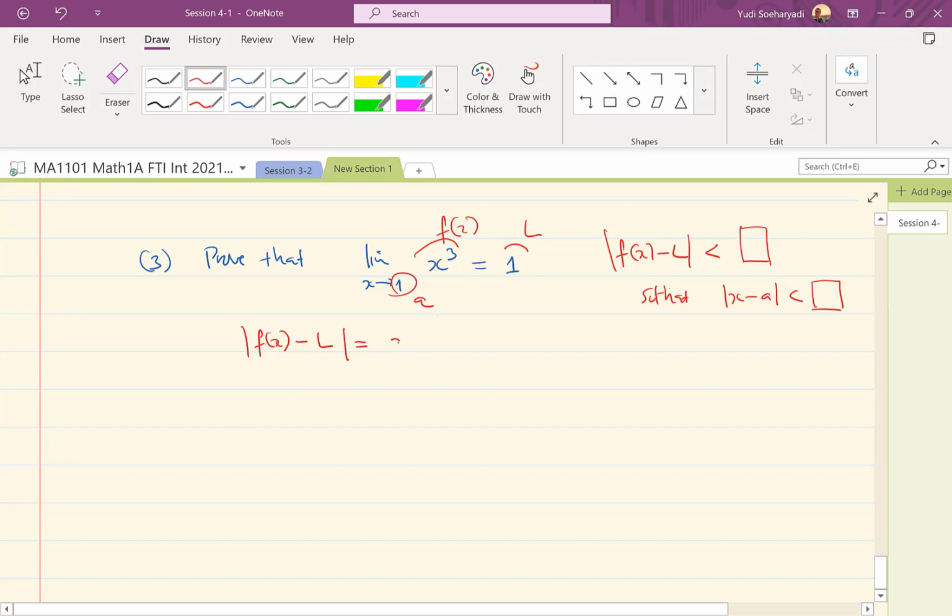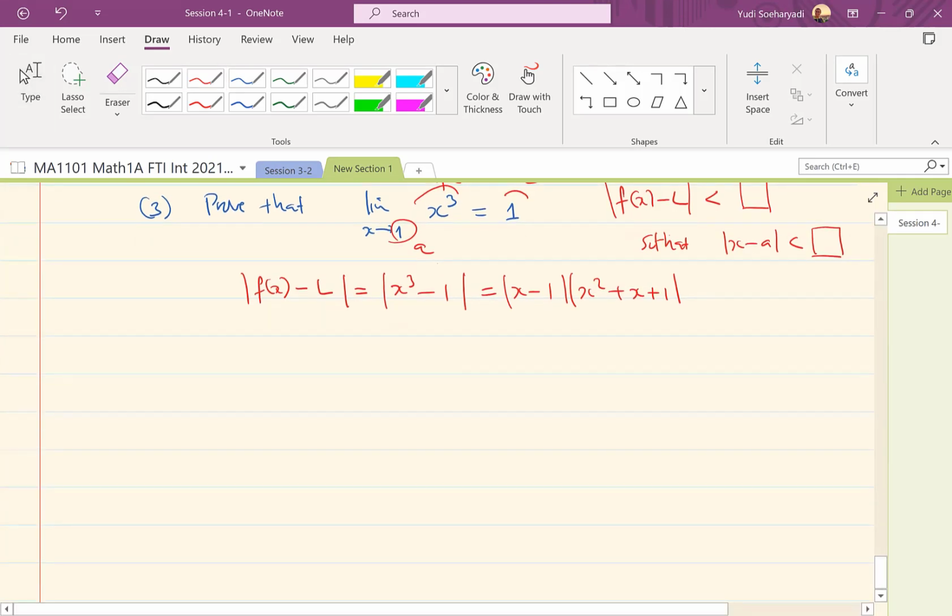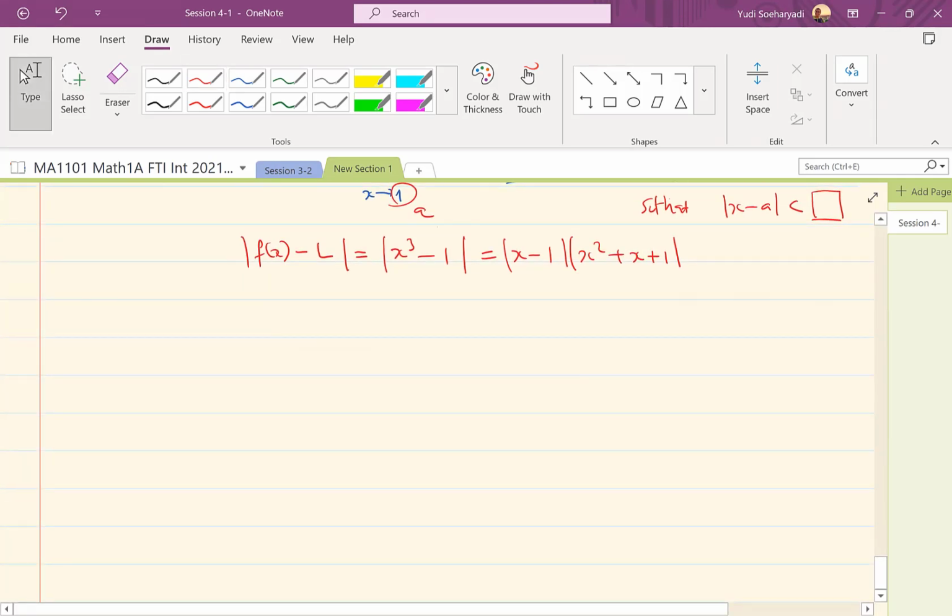This is just x cubed minus 1, and as before, you can do these factorizations. This is exactly the thing that we do with a spherical tank. A spherical tank is just an illustration of this problem.